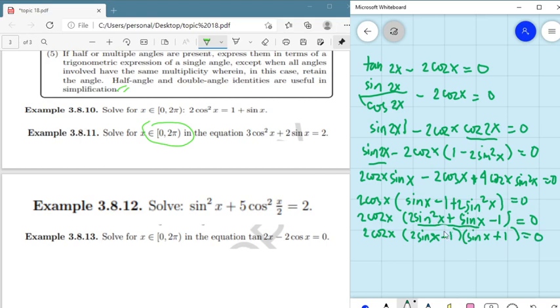So the factors are quantity 2 sine x minus 1 times quantity sine x plus 1.